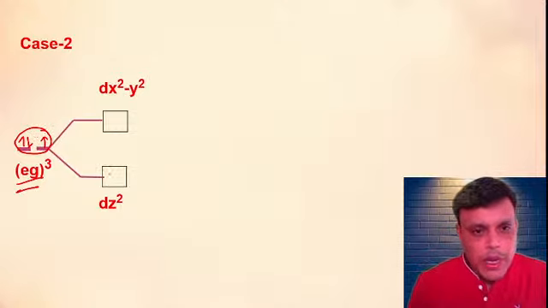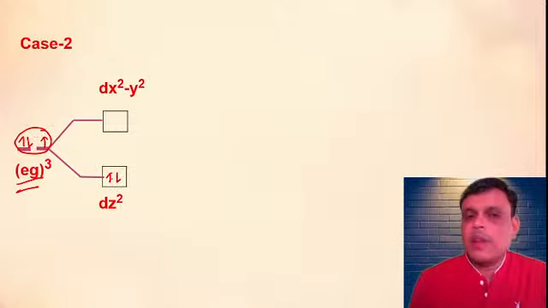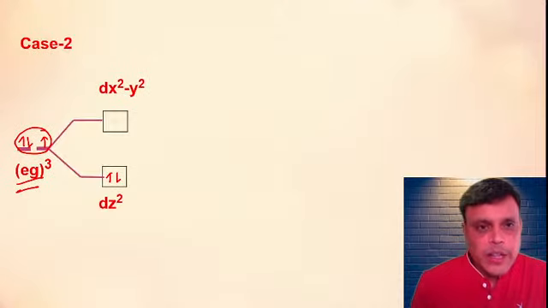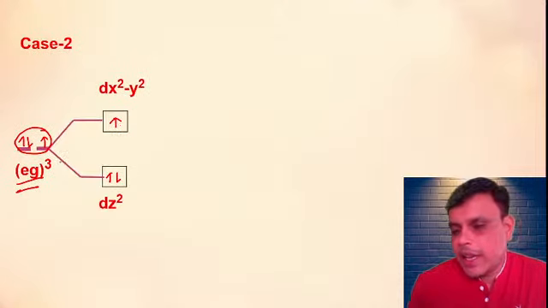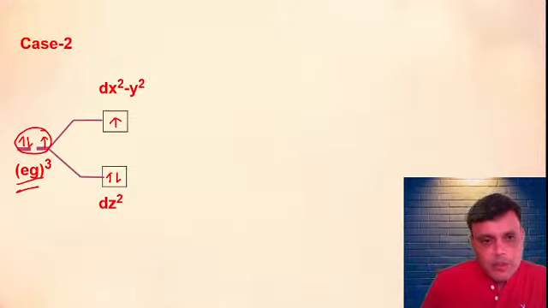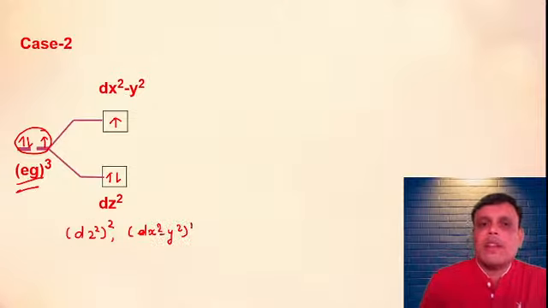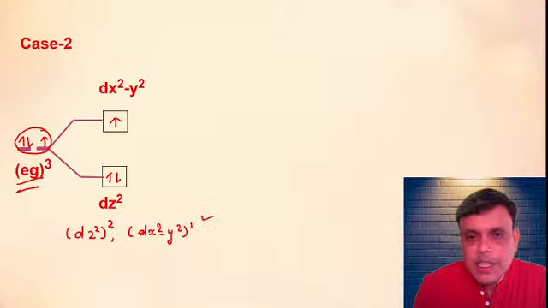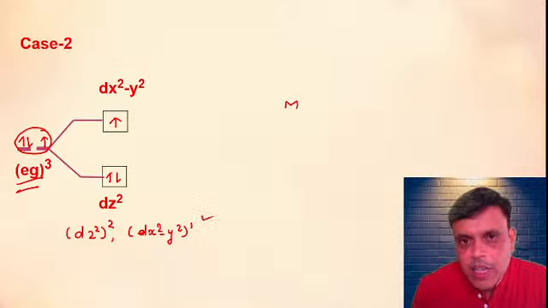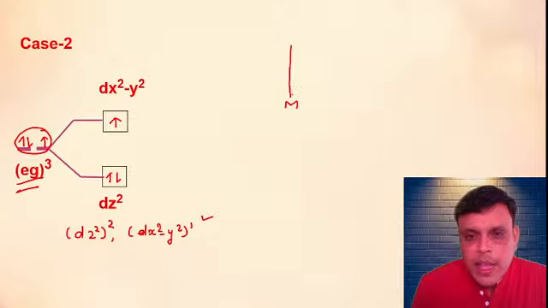So according to the rule, what happens? dz square में 2 इलेक्ट्रॉन जाएंगे एंड dx स्क्वायर माइनस y स्क्वायर में एक इलेक्ट्रॉन जाएगा. So its electronic configuration will become dz square 2 and dx square minus y square 1. Now when this electronic configuration is there, then axial elongation takes place.